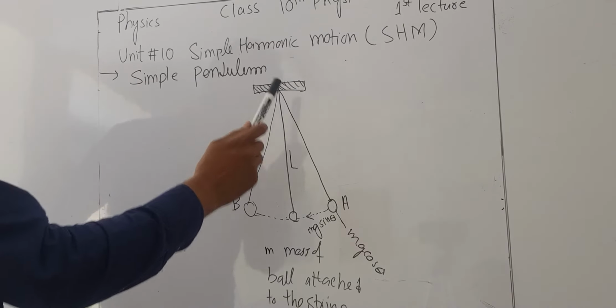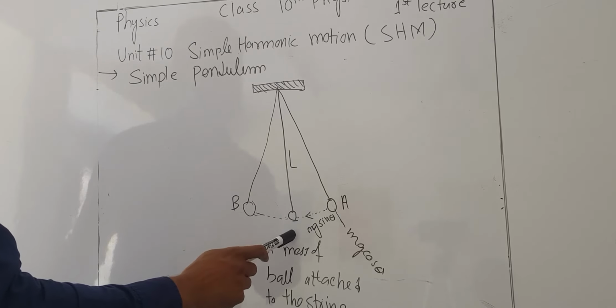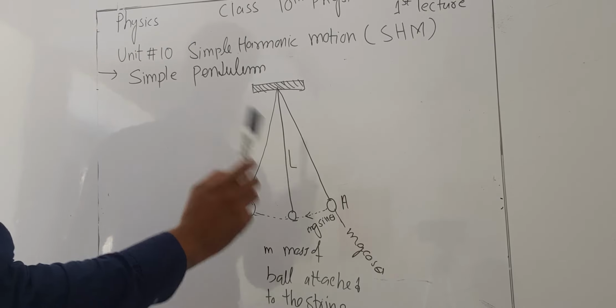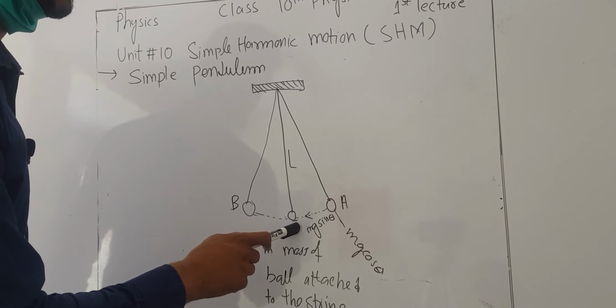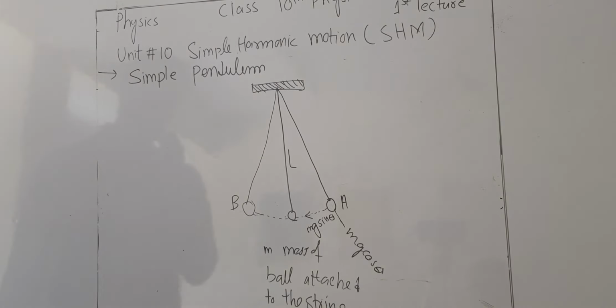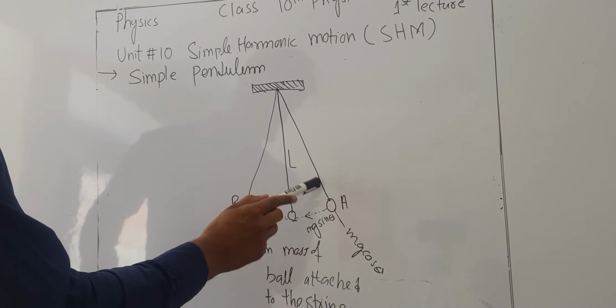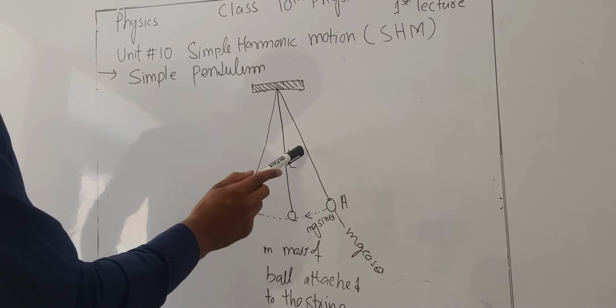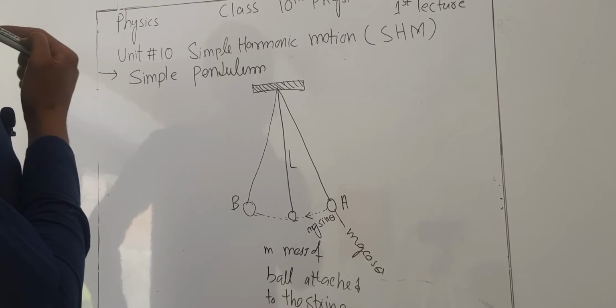When we do not apply any force, the ball is at its mean position. When we exert some force on the ball and move it to the position A, you can see that it has two components of force: one is mg cos theta and the other is mg sin theta.